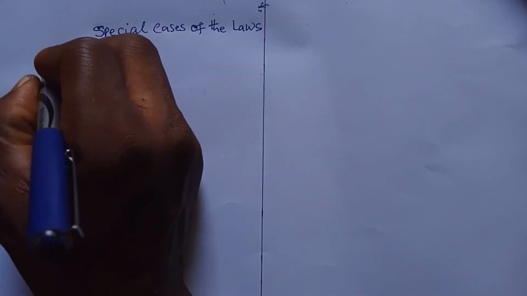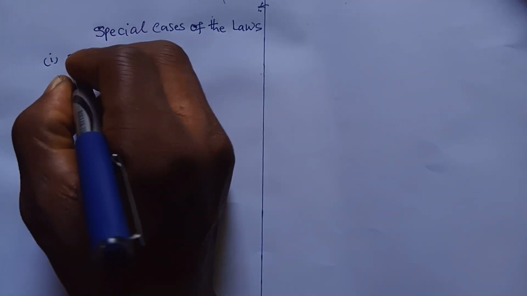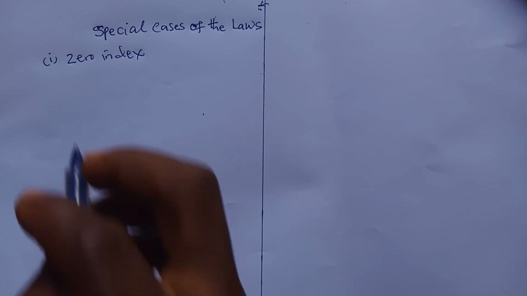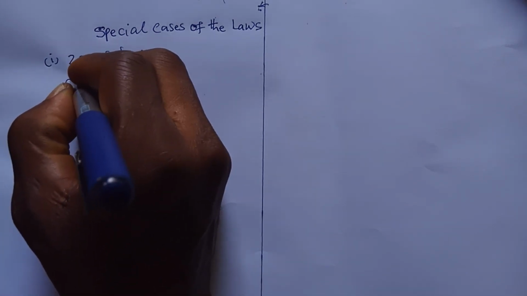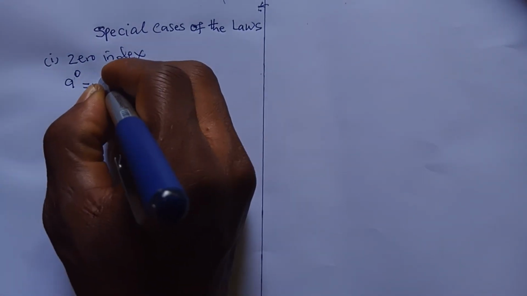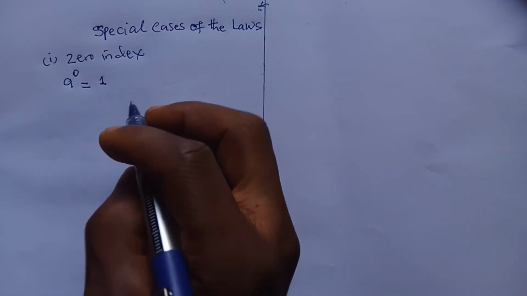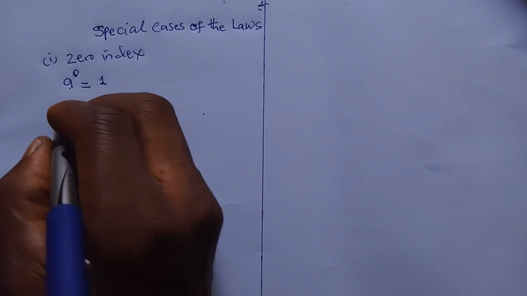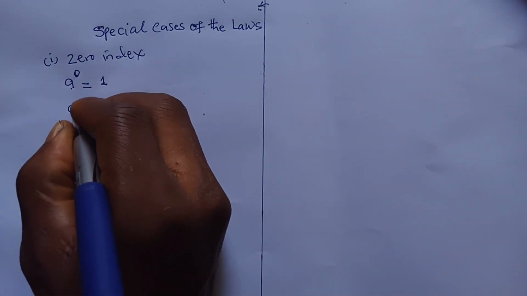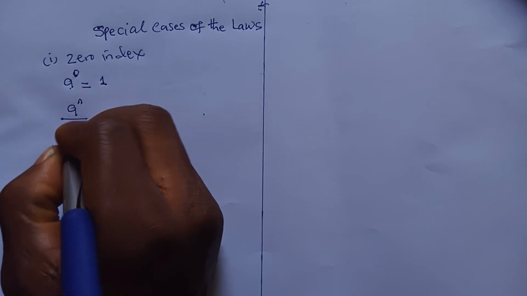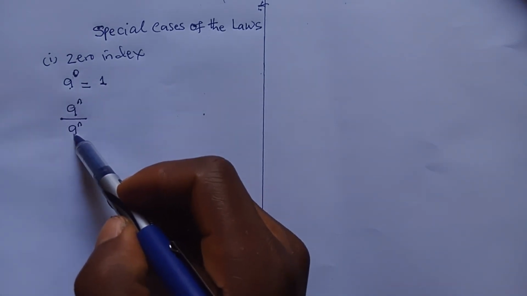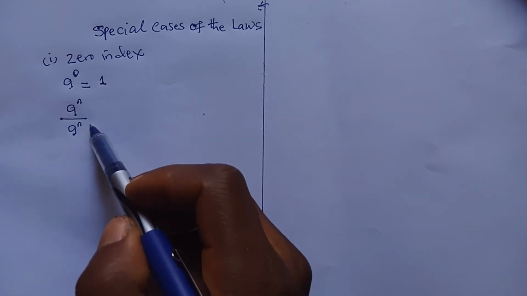In those special cases, let's consider the first one as the zero index law. This zero index law says that any number raised to power 0 is the same thing as 1. This can be proven as follows: a raised to power 0 is the same thing as a raised to power n divided by a raised to power n. Of course, we know that a raised to power n divided by a raised to power n is going to give us 1.